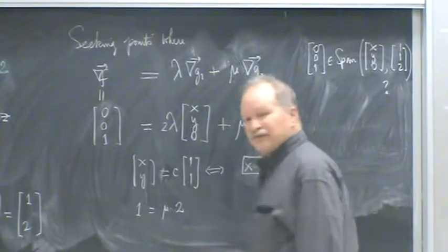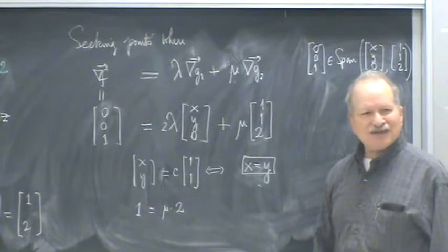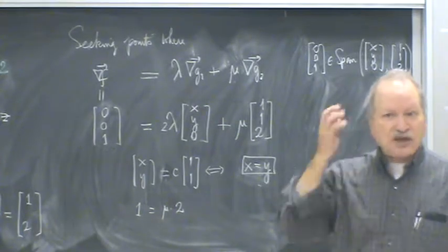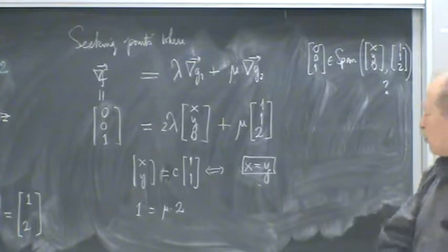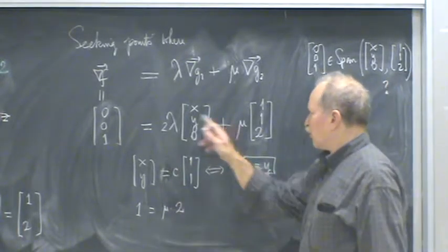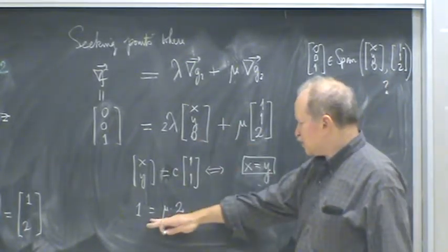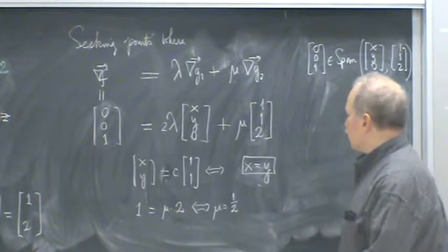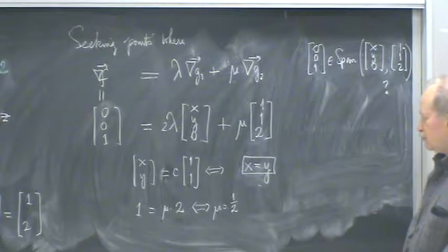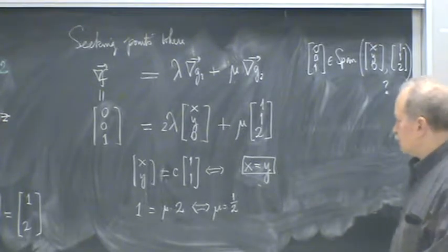A fraction. I was telling you guys when we had one constraint not to worry your little brains about lambda, but now we actually do have to worry about what these coefficients might turn out to be. So mu has to be a half. Does that tell me something further?